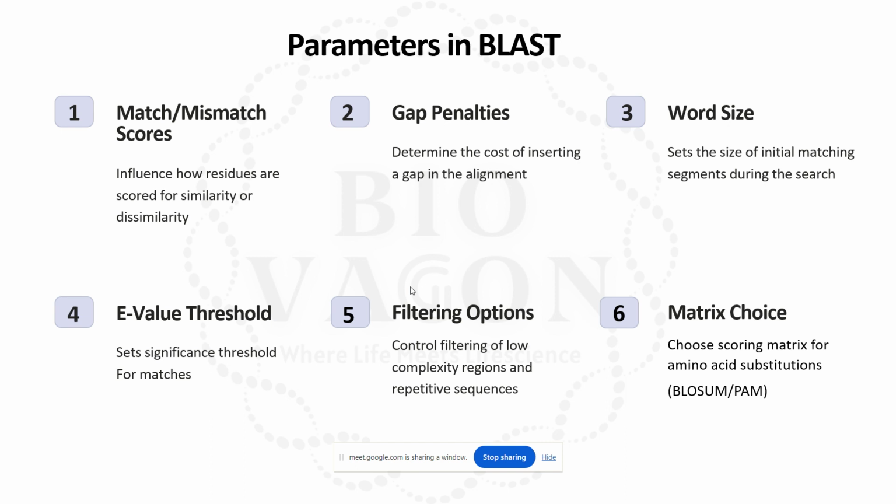E-value threshold is the expect value. When you are blasting something against the nucleotide database or protein database, you are expecting the uniqueness of your sequence. It works in the opposite way: when your e-value is low, that means your sequence has so much uniqueness, it is significant and you can consider the data.